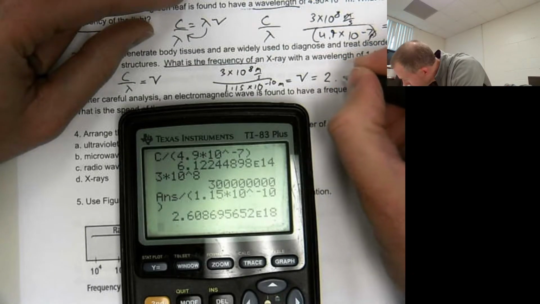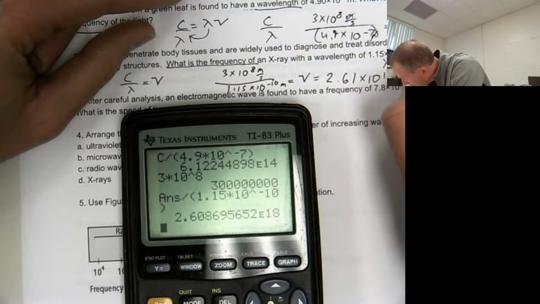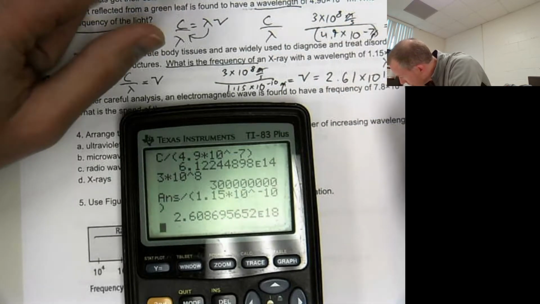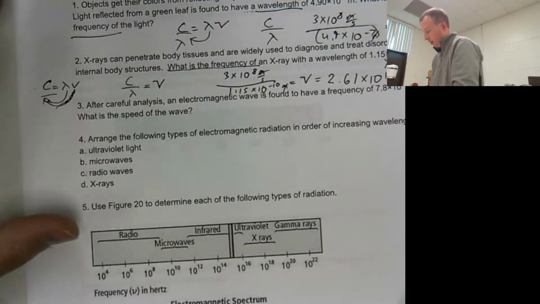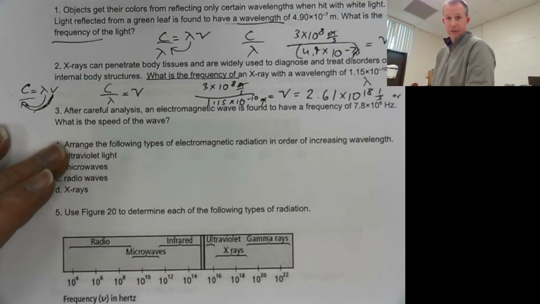We'll say 2.61 times 10 to the 18th, 1 over seconds again. Cancel out meters, or you can write hertz. I don't care. All right. So number 3, it's the same deal.